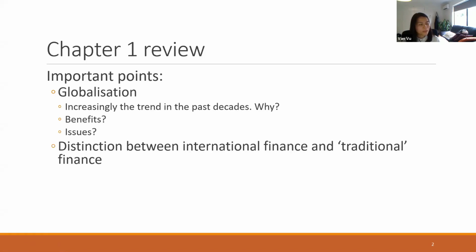Okay. So in the second part of chapter 1, we also talk about the distinction between international finance and traditional finance. So if you compare, say, a company that only operates in the local community and a multinational company, what is the key difference between the two in terms of finance? Okay.